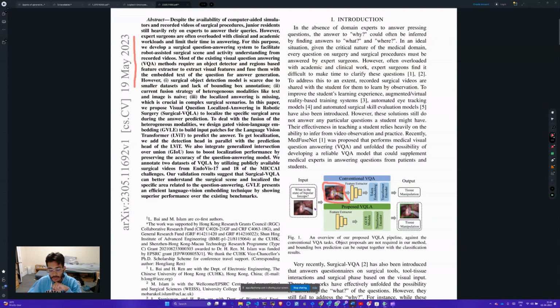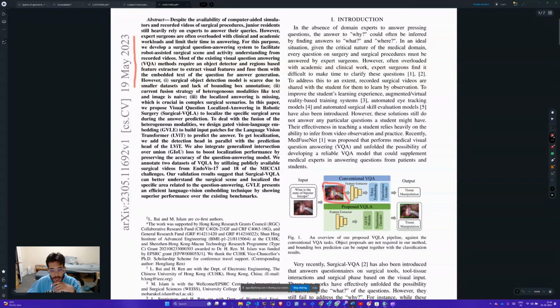There was a lot of computational overhead, and that's why if you have error in this initial step itself, that would be propagated towards the VQA model, and so their main target was this then.